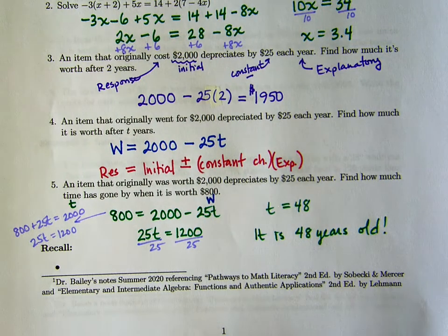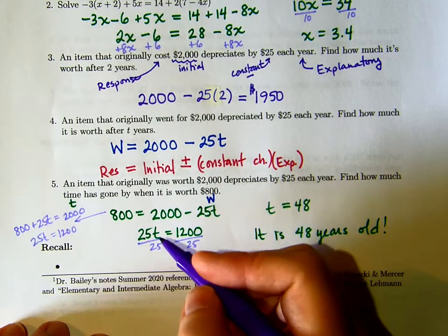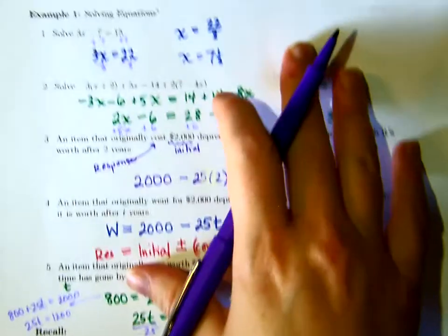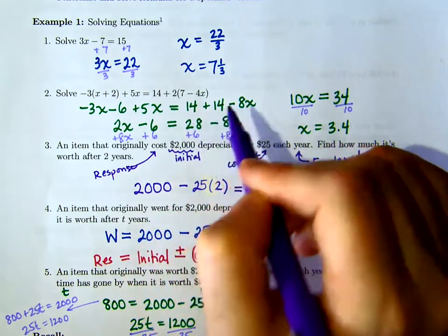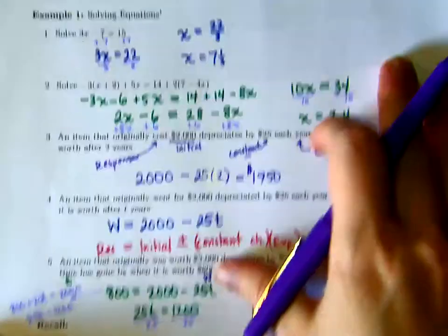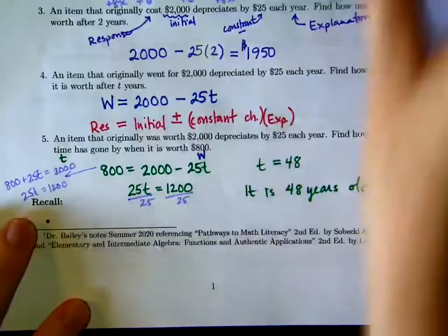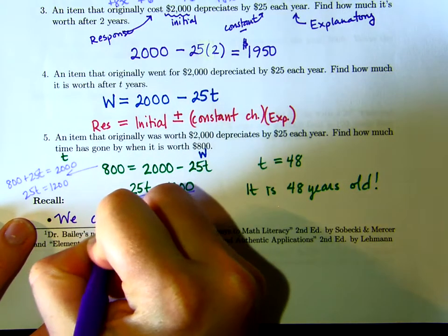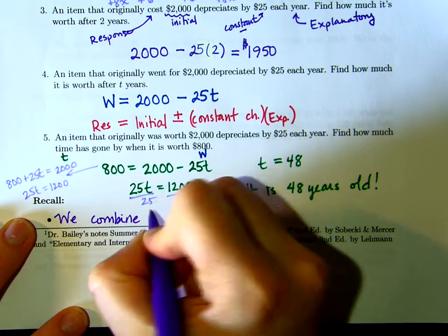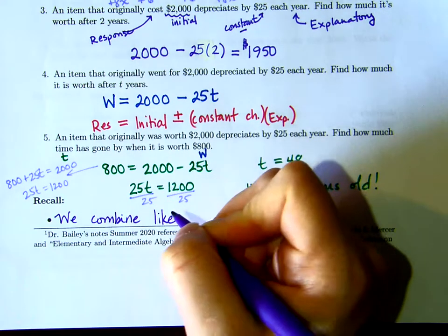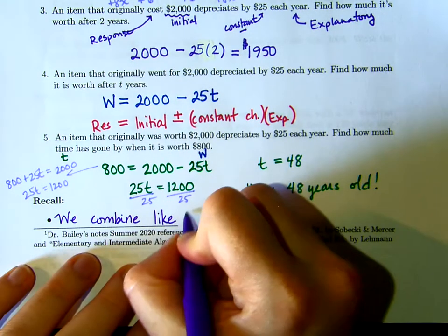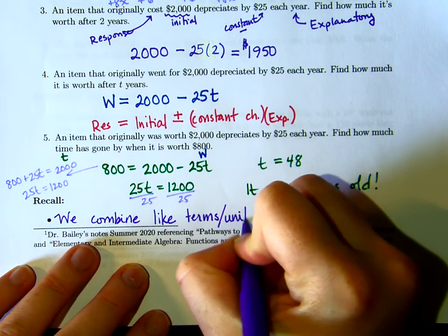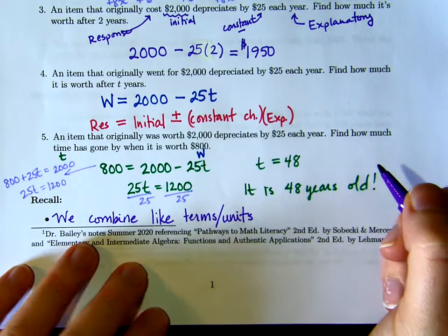And then another recall that I want you to remember is that up here, we started combining x's with x's and non-x's with non-x's. That's because I want you to remember that we combine like terms, or like units.